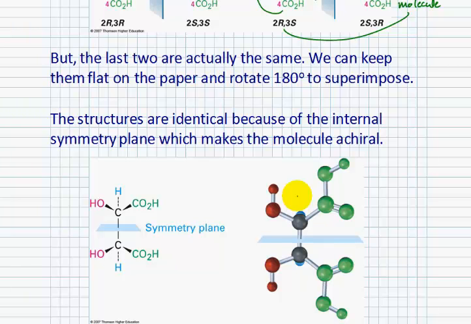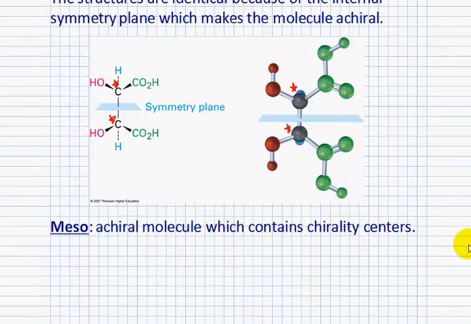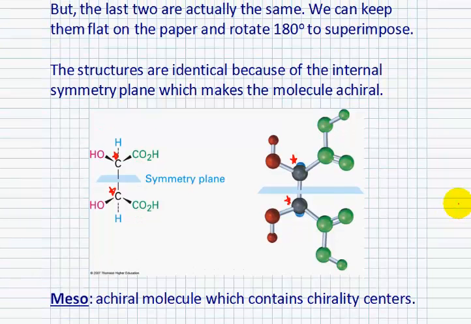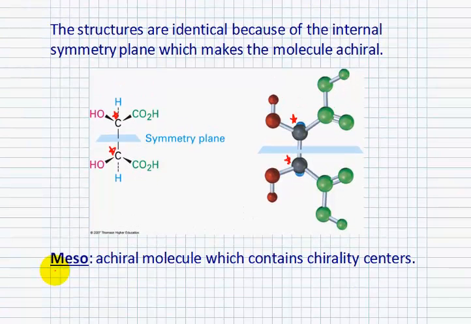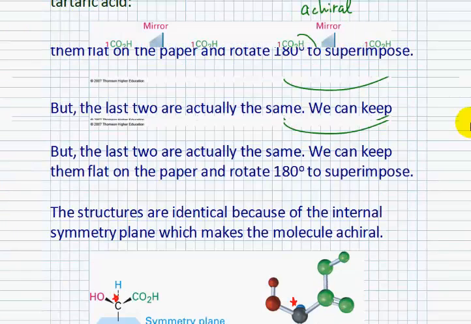And whenever we have that, it's an achiral compound, even though there are chirality centers within that molecule. Because of its particular arrangement, it is achiral. So that's this definition here. This compound is called meso. A compound is meso when it is an achiral molecule which contains chirality centers.